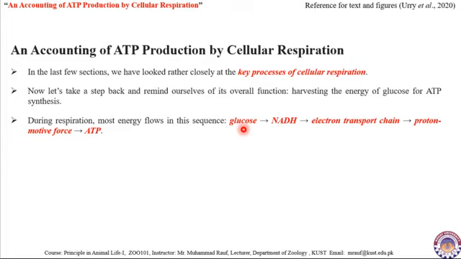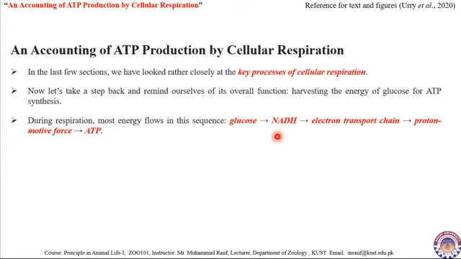Then the pyruvate molecule is converted into acetyl coenzyme A, and because there are 2 pyruvate molecules, 2 more NADH molecules are produced. Then acetyl coenzyme A enters into the Krebs cycle where 3 NADH and 1 FADH2 are produced.